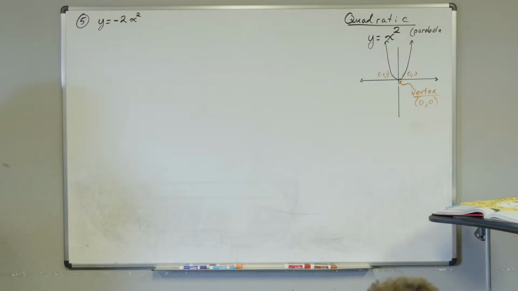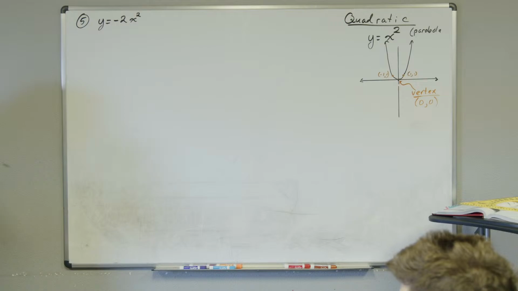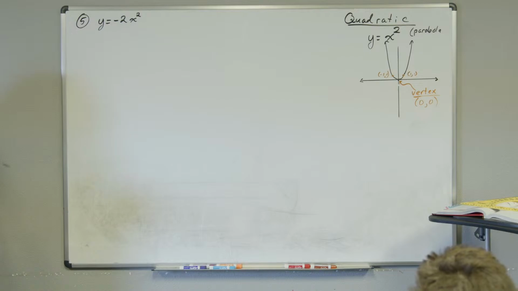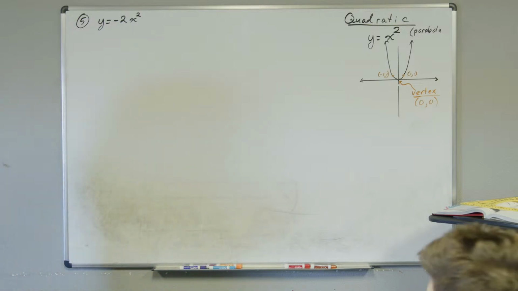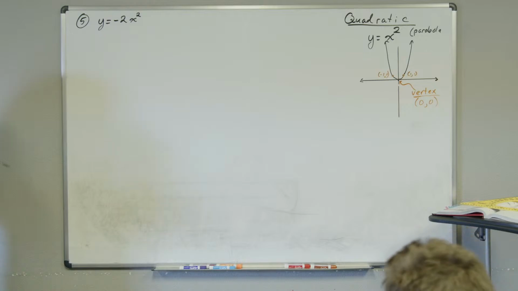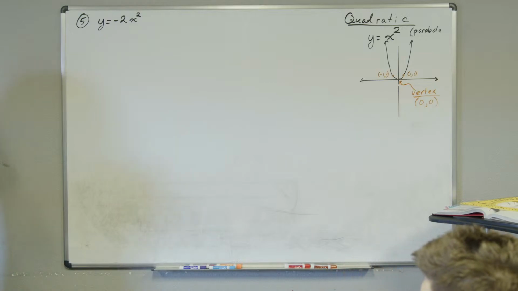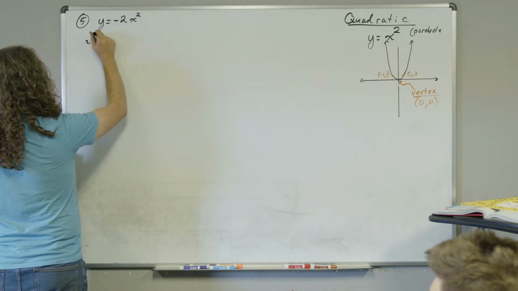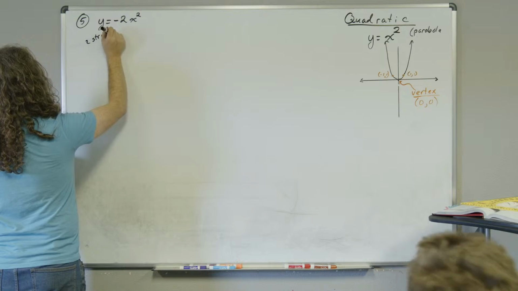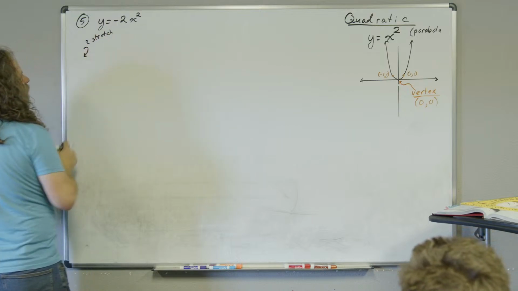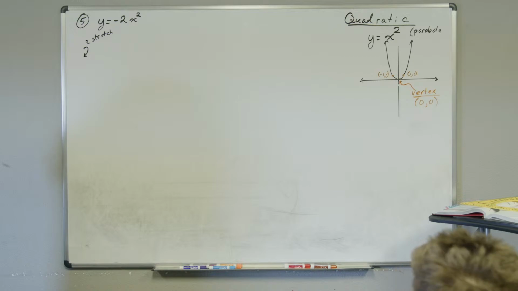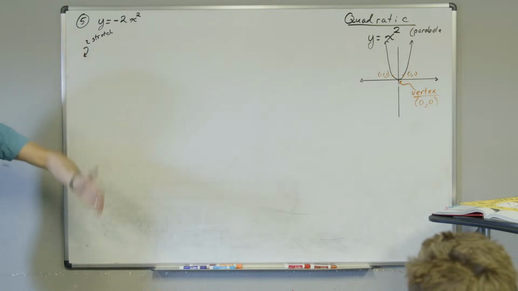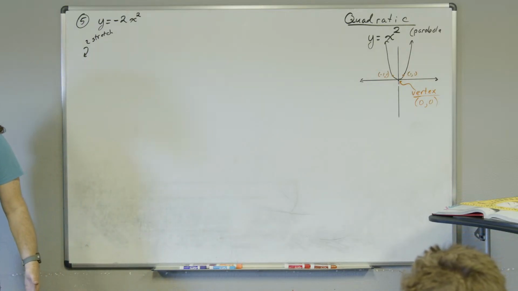There's 2 words on the A. What are they? You have notes, like flip a page or something. What 2 words go with A? Dilation and reflection. The negative one is in charge of which? The dilation or the reflection? The reflection. So this stretches by 2. And it reflects. So instead of opening up, it's going to open down and stretch by 2.